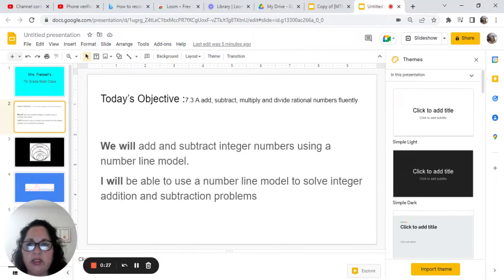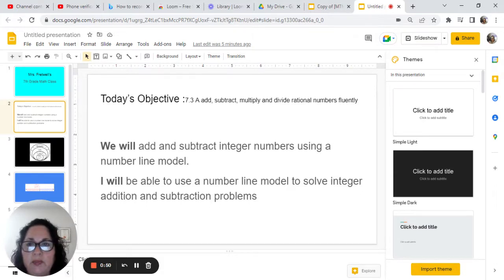So our objective today is to work on TEAC 7.3a, which is add, subtract, multiply, and divide rational numbers fluently. What we will do today in our class is we will add and subtract integer numbers using a number line model.